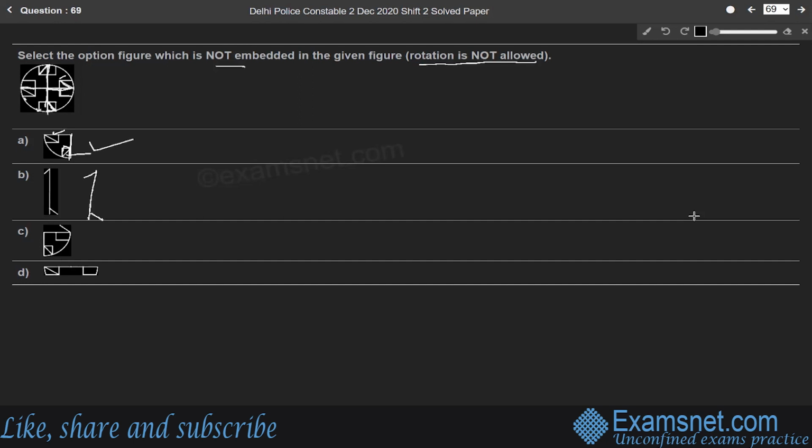Here also a small box. So a part of the circumference of the circle. So option C is also embedded, whereas option D, a horizontal line with two boxes and one tilted line. So option D is also embedded, hence option A is not embedded in the given figure.